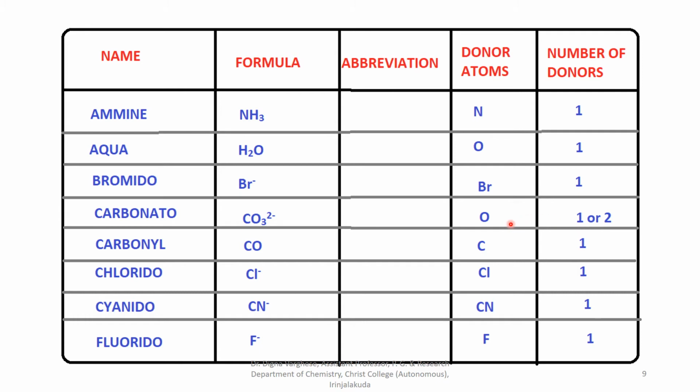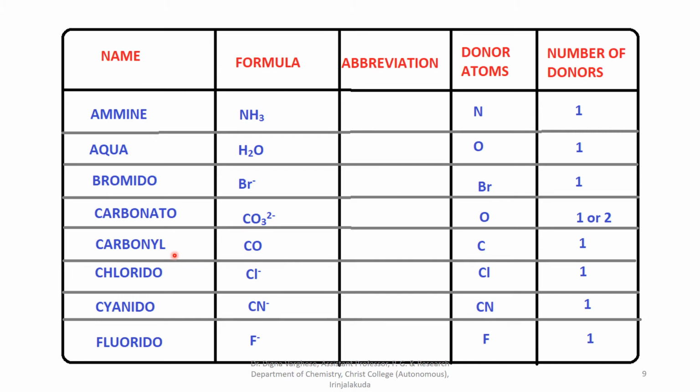In some other cases it can act as a bidentate ligand, because the two oxygen atoms can donate to the metal atom, so it has two donor sites instead of one, but here only one donor site in the case of monodentate ligand.